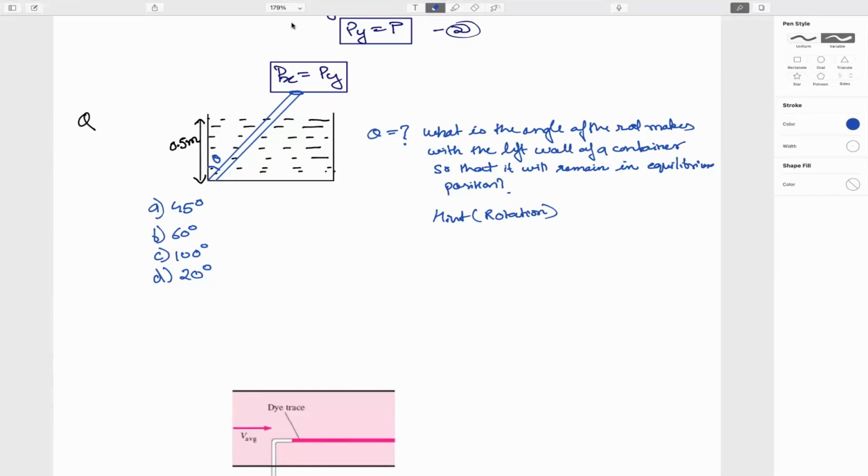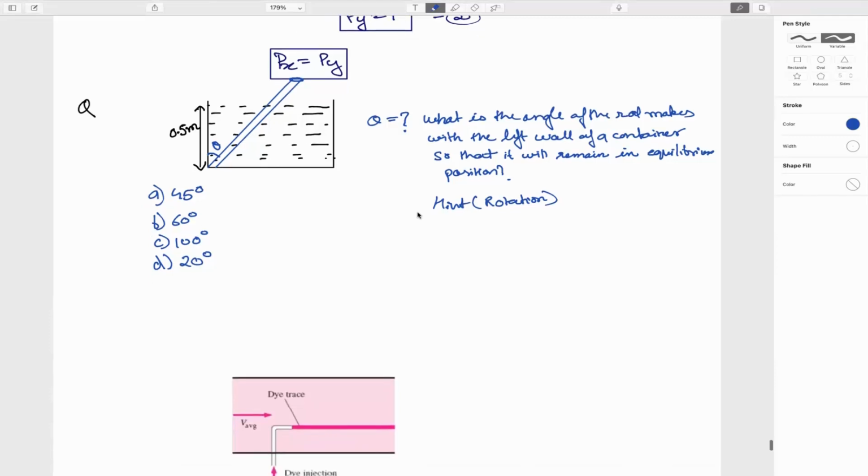As usual, my simple approach is, if you don't know anything, just make a free body diagram. You will get to know something. That is my repetitive statement, that if you don't know anything, just try to make a free body diagram. You will get to know at least something, or you may solve the question correctly.